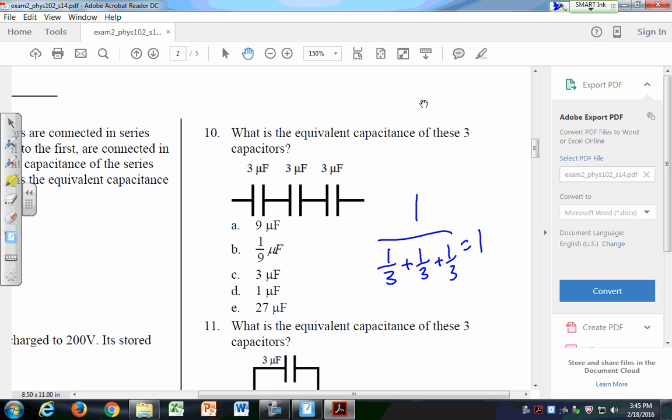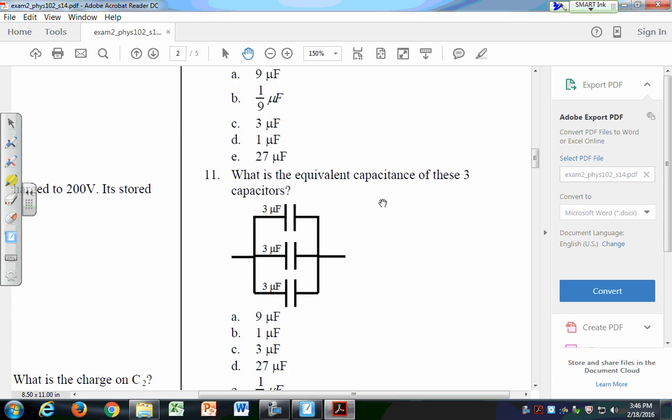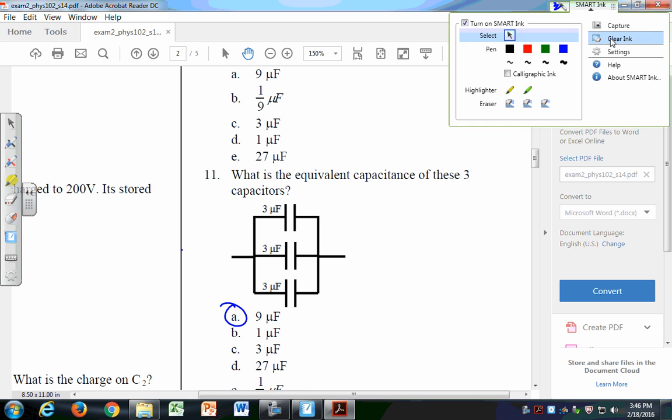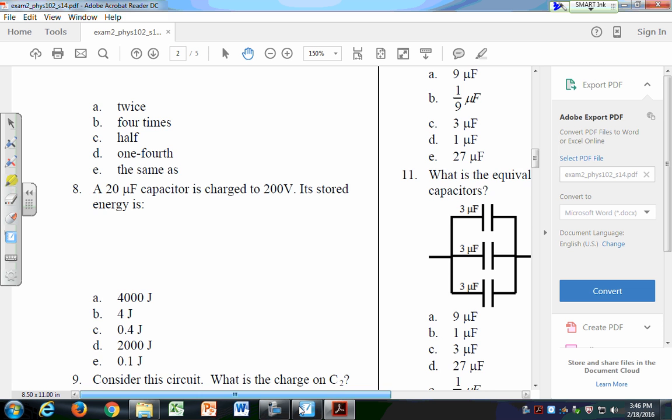What if I have those same capacitors, but not in series, but in parallel like this? What's the equivalent of that? No, wait, sorry, that'd be 9. Don't apologize. The answer there would be 9, because I just add them up: 3 plus 3 plus 3.